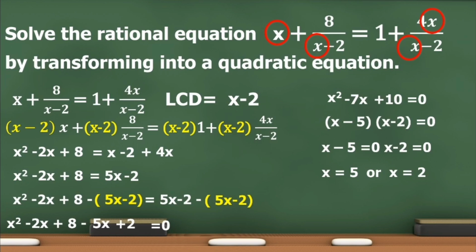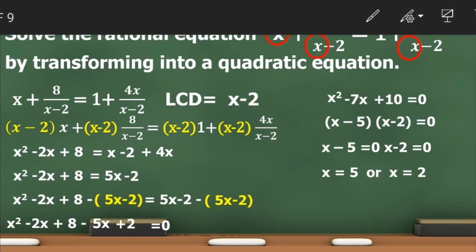So, pag kinumpute nyo yan, class, ang makukuha nating sagot dyan is 23 over 3 is equal to 23 over 3. Meaning, the equation is true when x is equal to 5. Therefore, 5 is a solution.